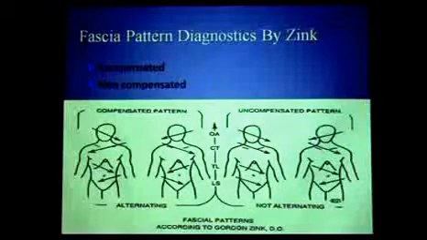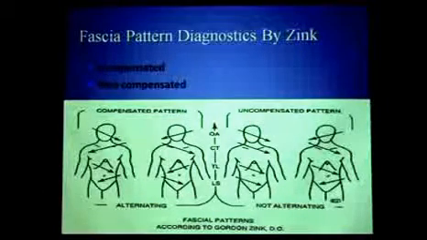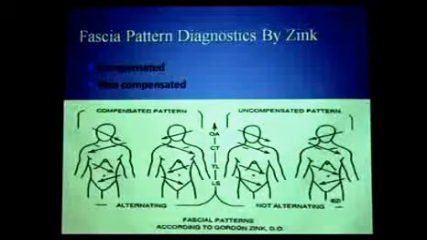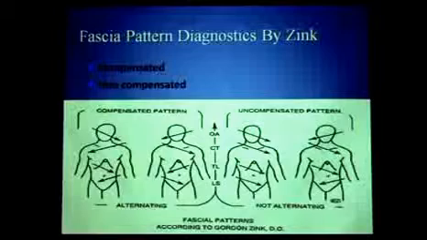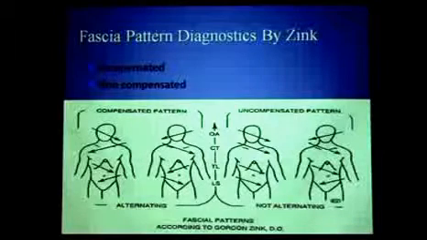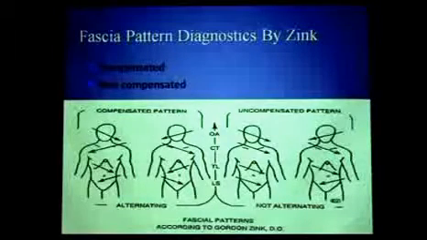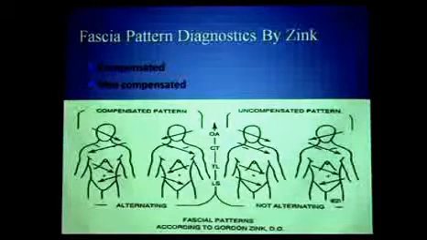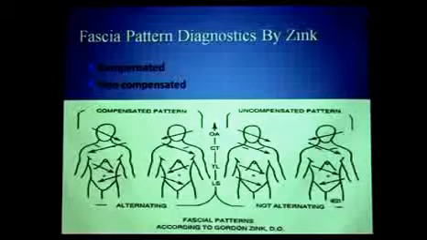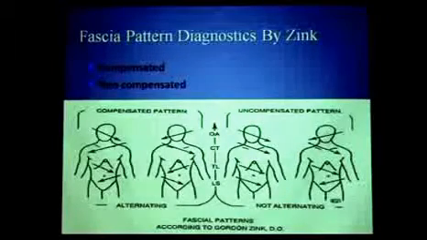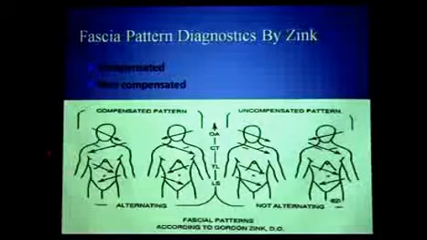In both of these models, the 80% or the 20%, we call them compensated patterns. Their body is able to balance in gravity and compensate well, so that's why they are balanced. He also found, on the side of the research, what's called an uncompensated pattern: some individuals are not related to the common compensatory pattern.